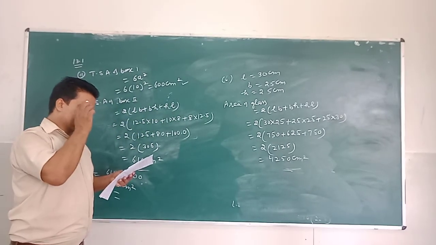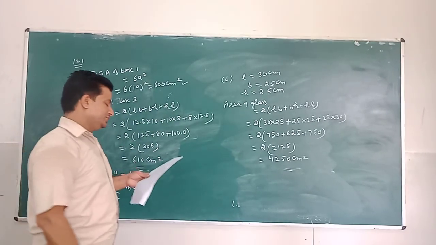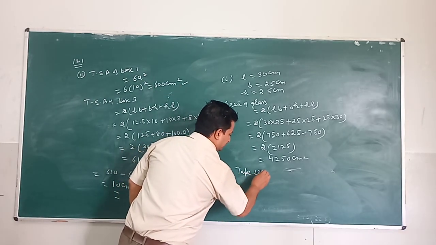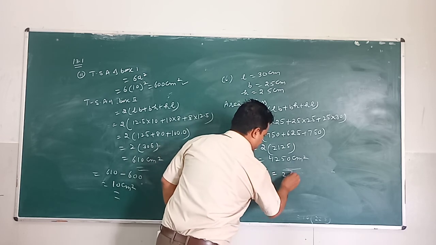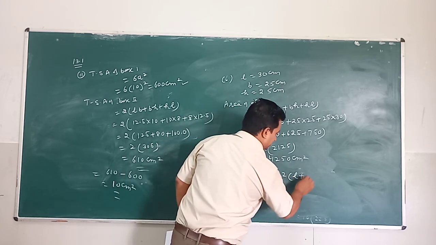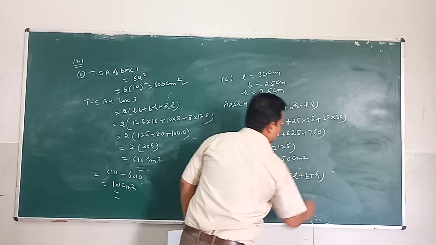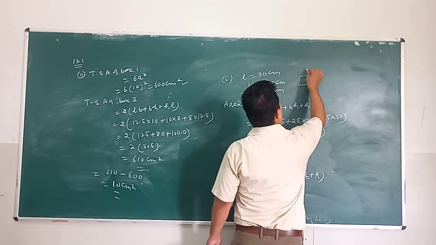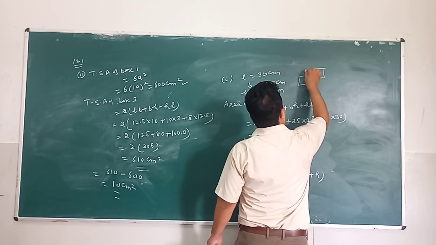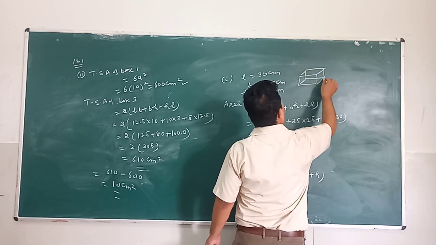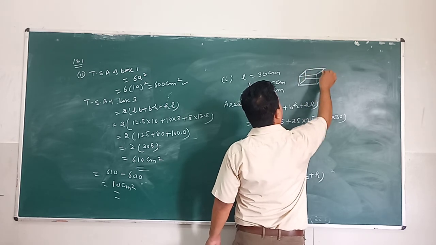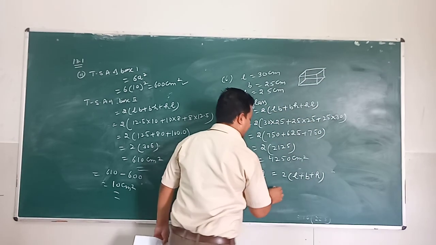How much tape is needed for all the 12 edges? The tape required is 4 times the length plus breadth plus height. We tape this cubical box all around its edges. This is the figure, the box, and we tape all around the edges, 6 outer and 6 inner, so 12 edges.